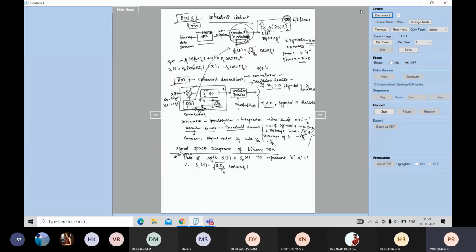This is for symbol 0, within the duration of 0 to TB seconds. And S2 of t analytically I can represent as minus root of 2EB by TB into cos 2 pi FCT.